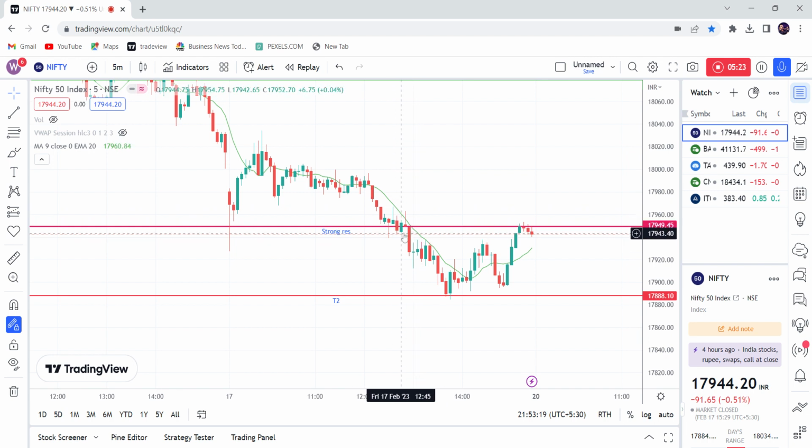Are you able to see? Once there is a retracement from here near the moving average, if you took the short, it would come up to here, around 150 to 200 points. Even if you didn't take it initially, once you get the confirmation from the moving average, you can get good profits.